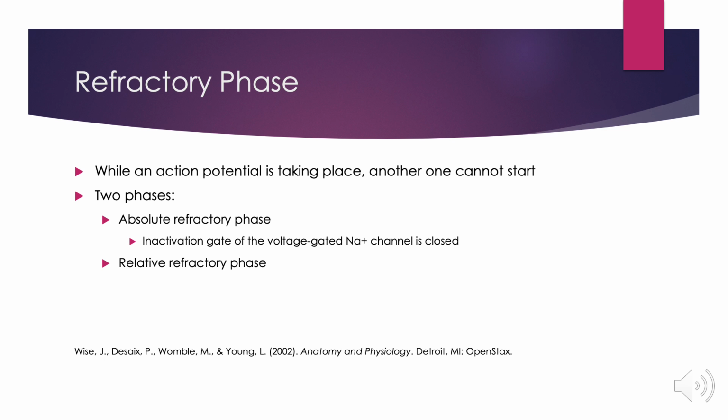Now, the refractory phase is the last phase of the action potential. This is basically the cell going back to homeostasis. So while an action potential is taking place, another one can't start. They're not allowed to happen at the same time in one cell just because of the amount of ions rushing in and out.